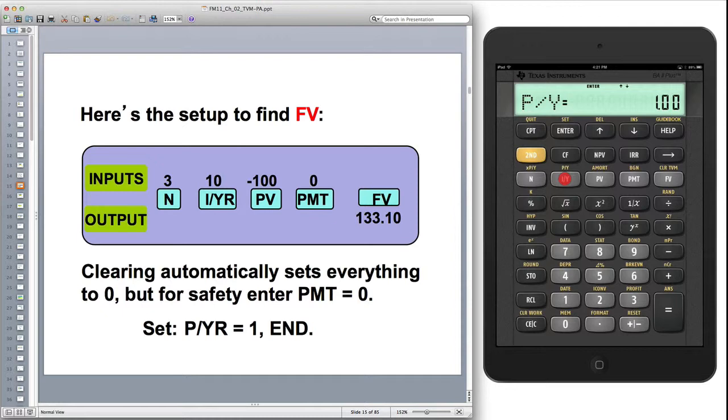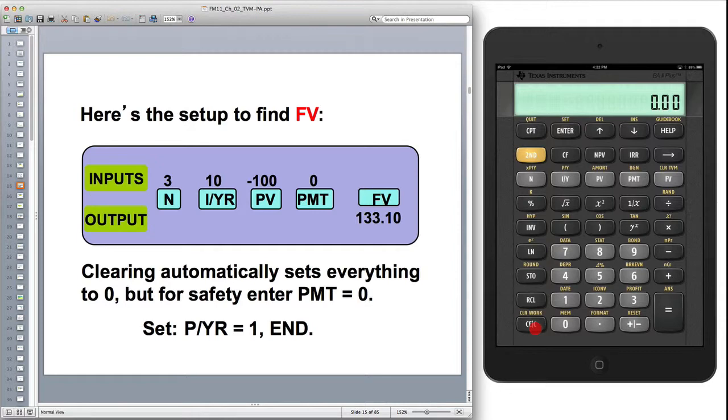In case you have it set as 12, which is probably the case if you bought the calculator new, because this calculator is used by auto car dealerships and mortgage originators, and most payments are monthly, 12 per year. So the default value in the calculator is usually 12. If it is 12, just hit 1 and then hit enter and then hit the clear screen and go back here.